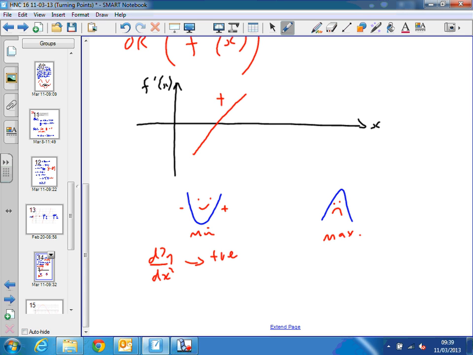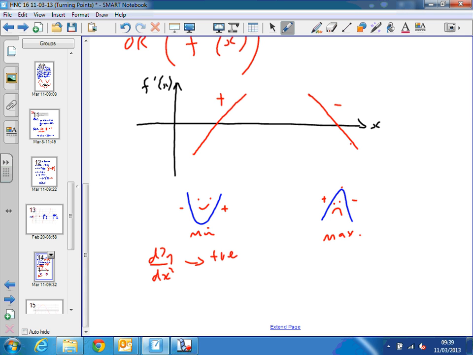Because as x is increasing, we're going from a positive gradient, so we're up here on this axis, through 0 at the maximum value, and then the gradient's going negative. So a plot of the differential against x would give us a negative gradient, and that would indicate a maximum value. If it's a point of inflection, it stays one side or the other, so it doesn't work.